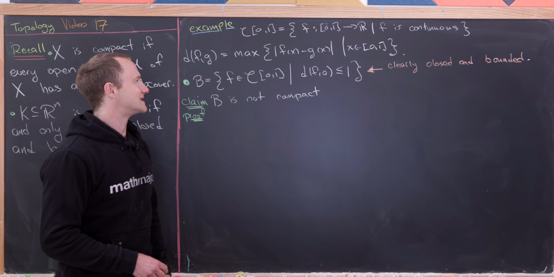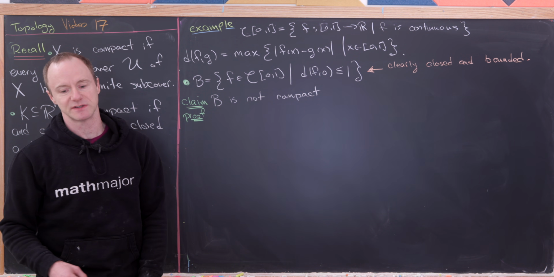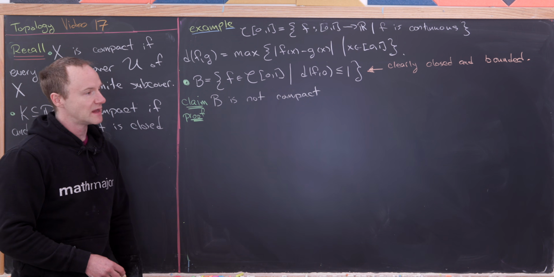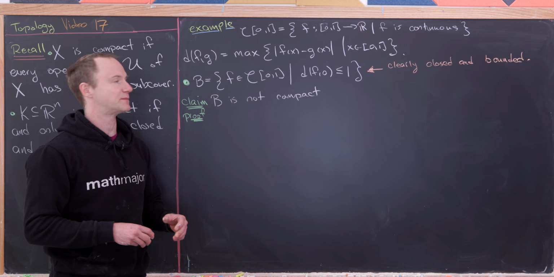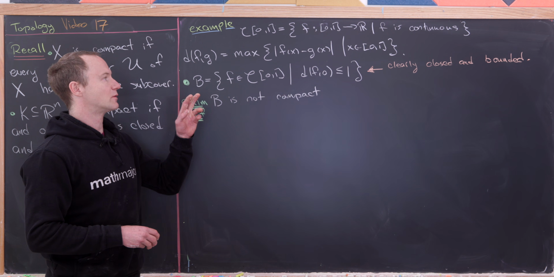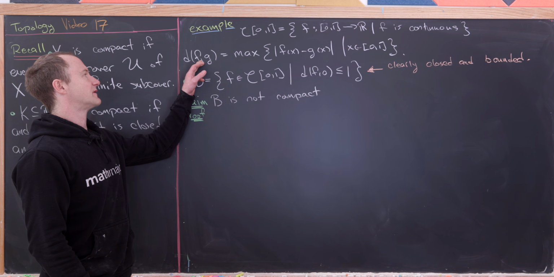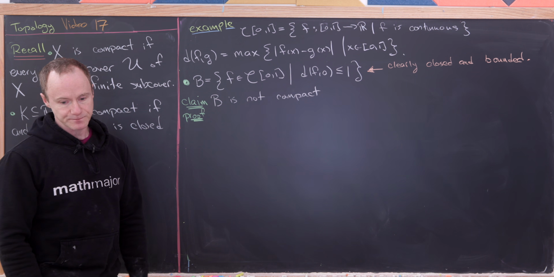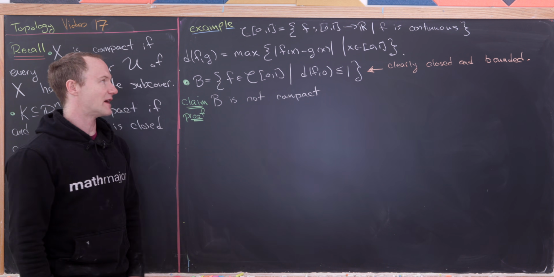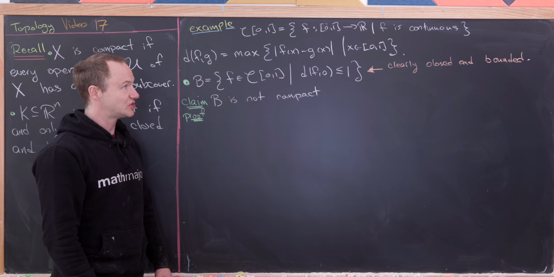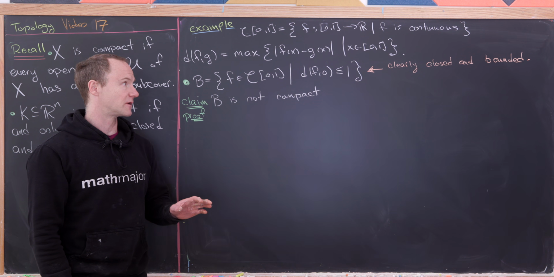So let's recall that C[0,1] is going to be the set of all continuous functions from [0,1] to R. And then there are a number of different metrics that you can put on this space. The metric we'll take will be the maximum metric. And by that I mean the distance between a function f and a function g will be the maximum of the absolute value of f(x) minus g(x) as x runs through all of the interval from 0 to 1.